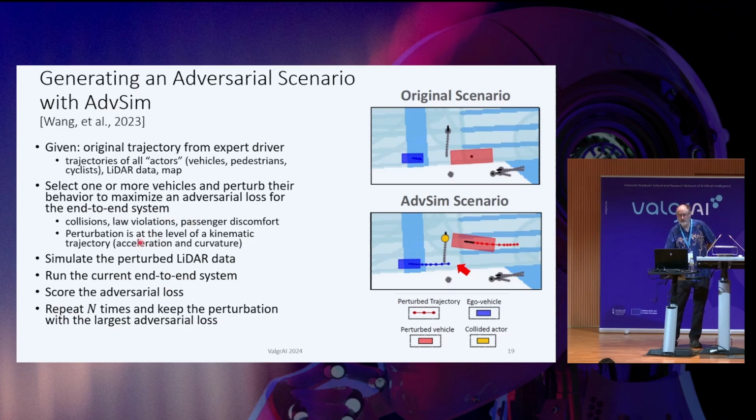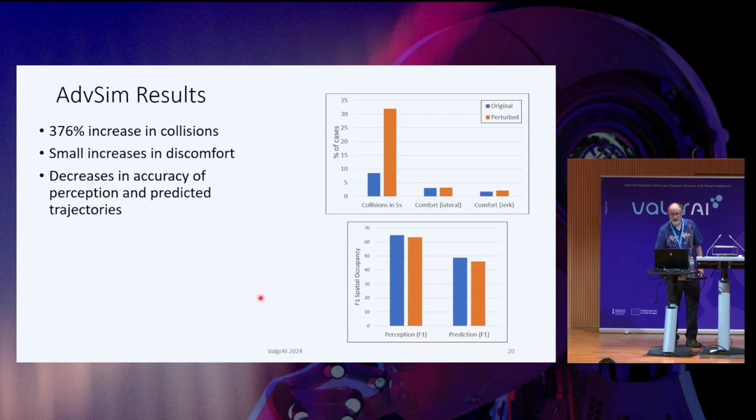But they'll repeat this something like 10 times and then keep the perturbation that had the largest adversarial loss and add that to their collection. Then they'll go to another scenario, try to perturb it, and so on. So many scenarios. Here are the results. So what I'm showing here, there are 3 different components to their adversarial loss, right?